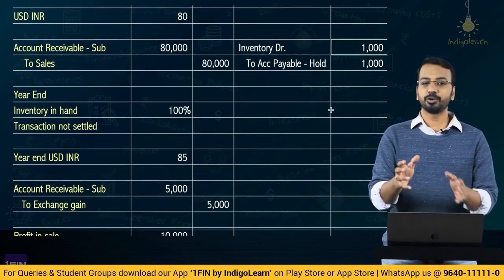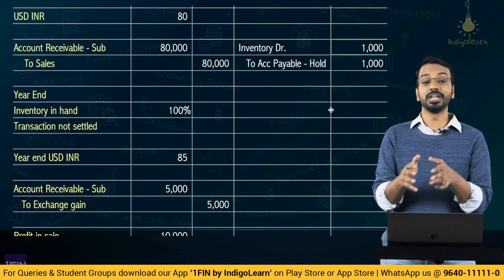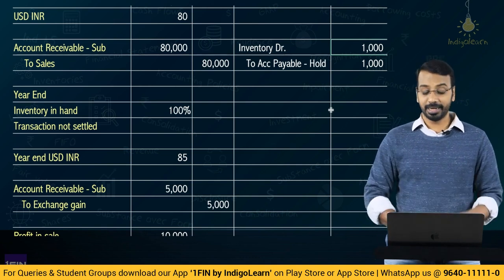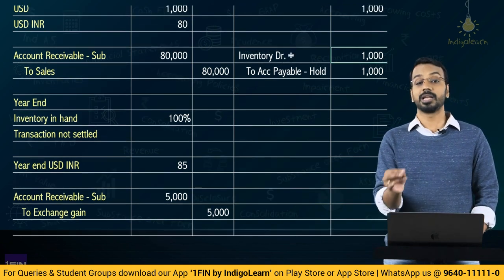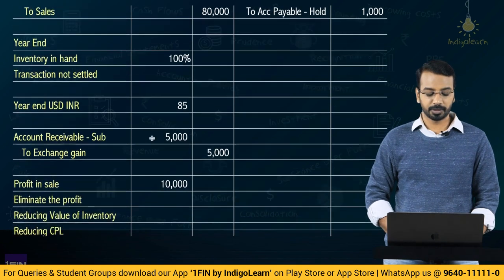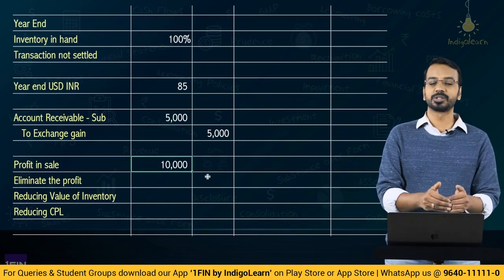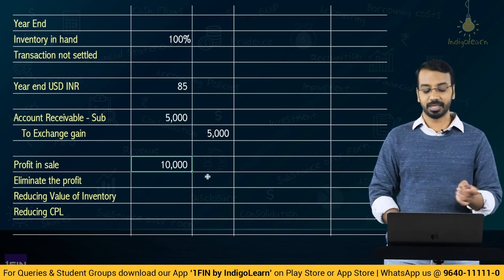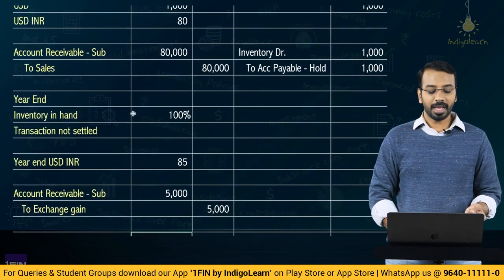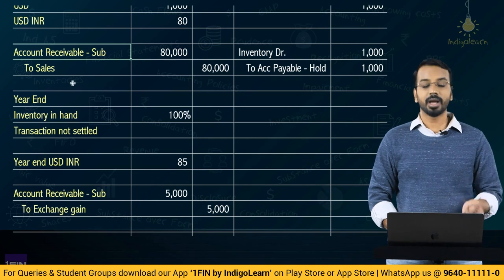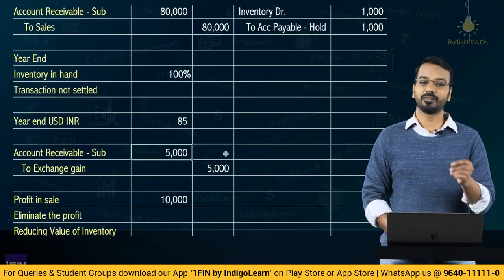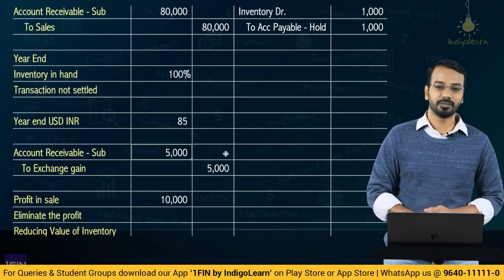Now, this inventory would be carried at cost in the individual financial statements. When you consolidate, the cost will include some element of profit. What is the element of profit? The profit that is earned is 10,000. So, this profit component will be reduced from the inventory value. That is the first thing. Second, you have this account receivable which you have restated and recognized an exchange gain of 5,000.